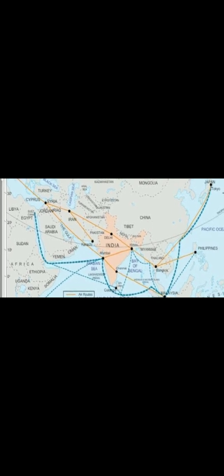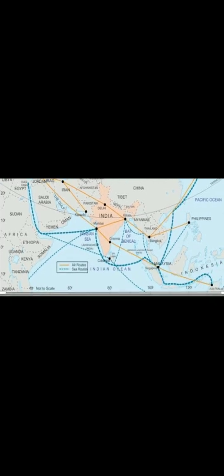It has a coastline of about 6,100 kilometers if we look at the mainland, and if we include the island groups, it's 7,517 kilometers. So a long coastline comes with a lot of benefit. Most of our trade is carried through these sea routes, both along the western and eastern side. India also has a lot of air routes by which it is connected with the western and eastern countries.